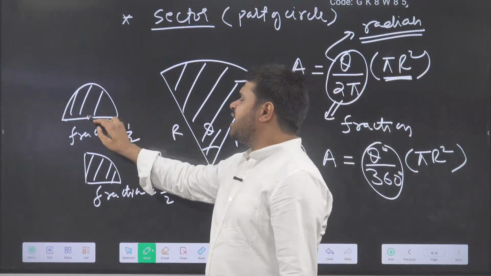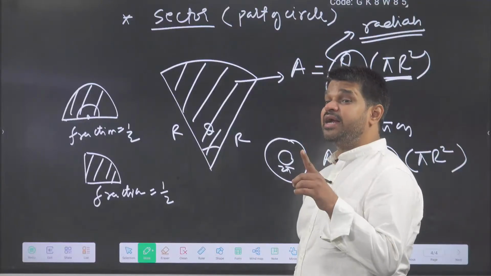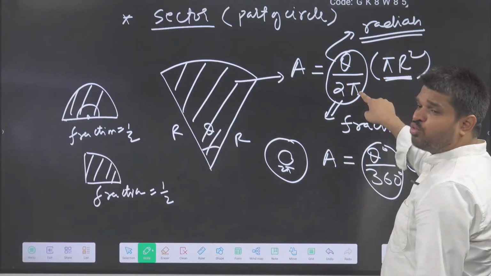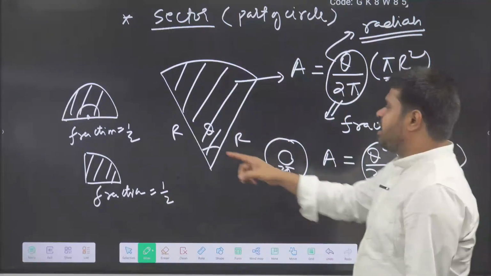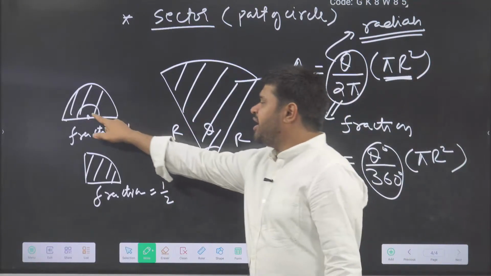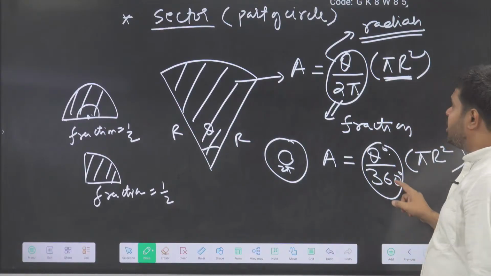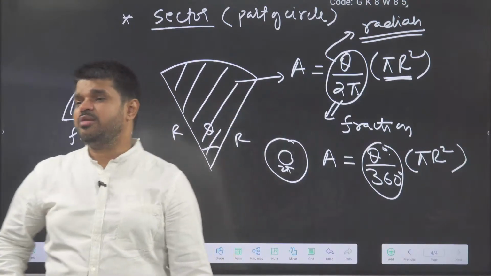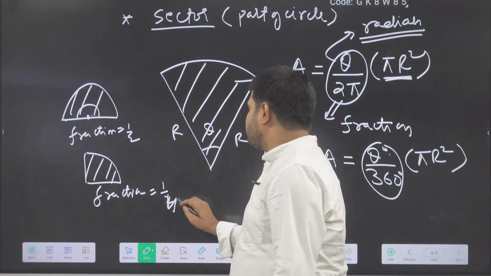What is the angle in a semicircle? Pi radian, 180 degree. So pi divided by 2 pi is 1 by 2. Or take degree, 180 by 360 becomes half. So the first term is a fraction.